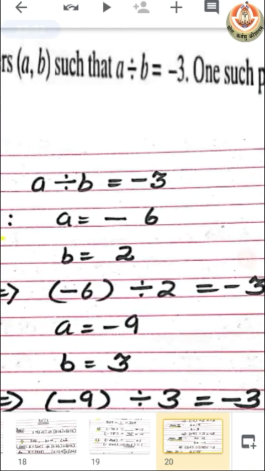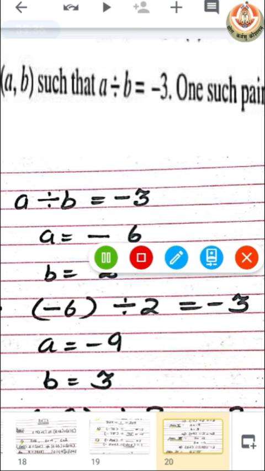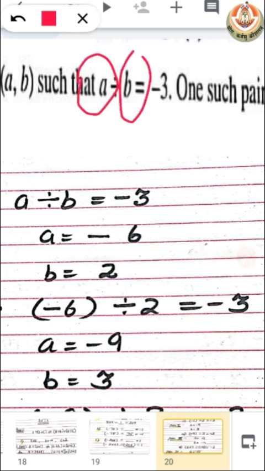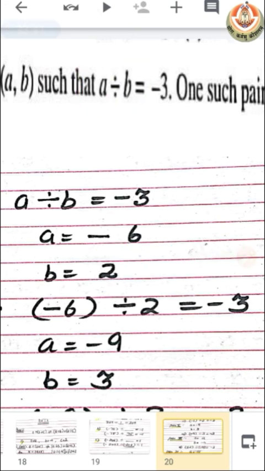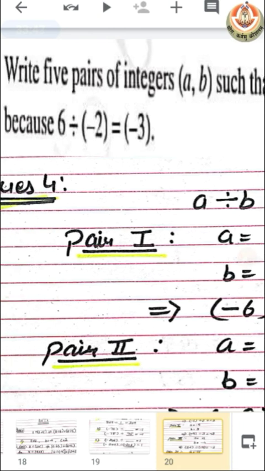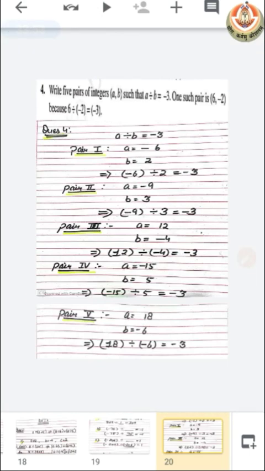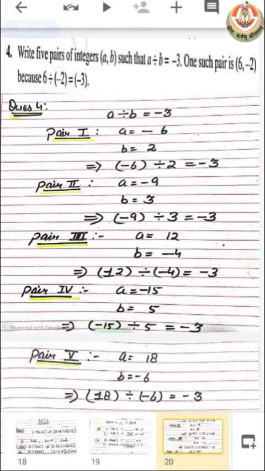Answer should be -3 when we divide the first number by the second number. One of the examples is given: 6 and -2. When we divide 6 by -2, we get -3 in the answer. So let's try to find such 5 pairs. The first one is given in the question.